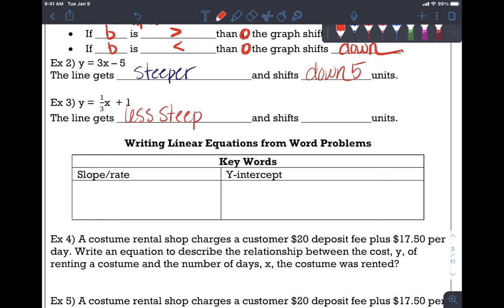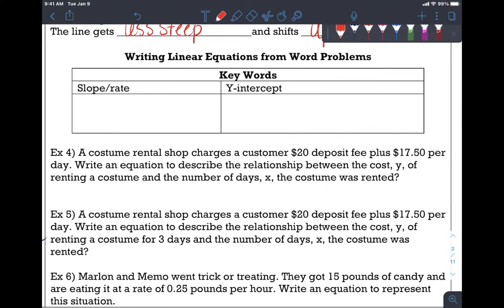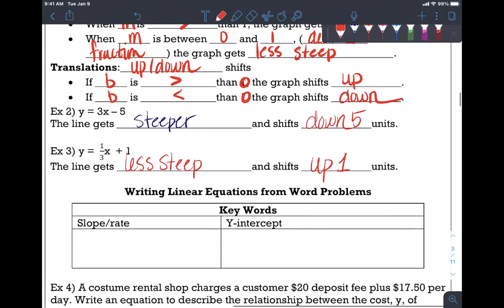Okay, 1 is like our standard slope, our parent equation, and it's going to shift up 1. All right. So just as a reminder, steeper because it's bigger than 1, less steep because it's less than 1, down 5 because b is less than 0, up 1 because b is greater than 0.